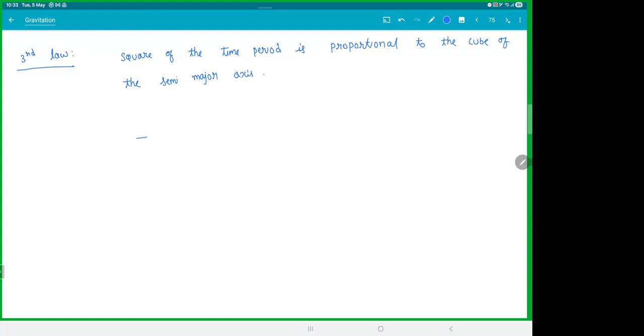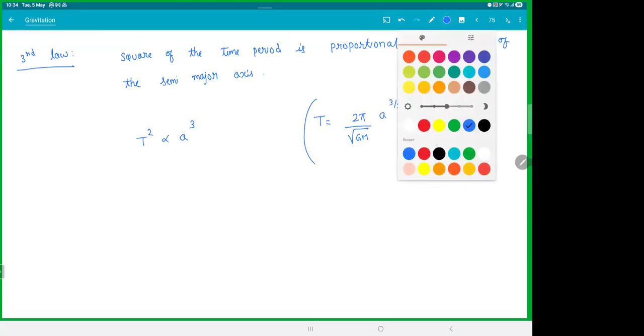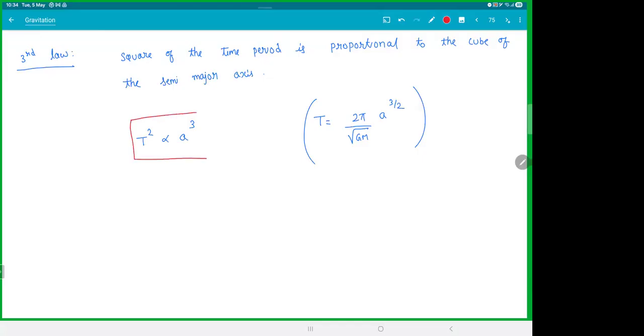This also we proved. So T squared is proportional to a cubed. The actual formula was T equals 2 pi root over GM, a to the power 3 by 2. Like I said, these are all laws, but we proved them. This M is the mass of the planet, not the satellite. These are the three Kepler's laws. So yeah, clear?